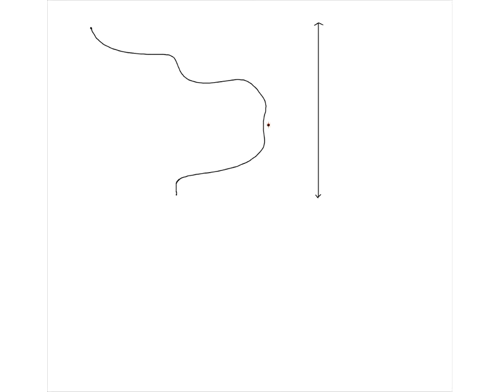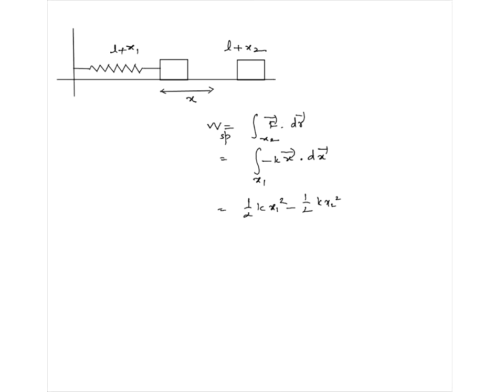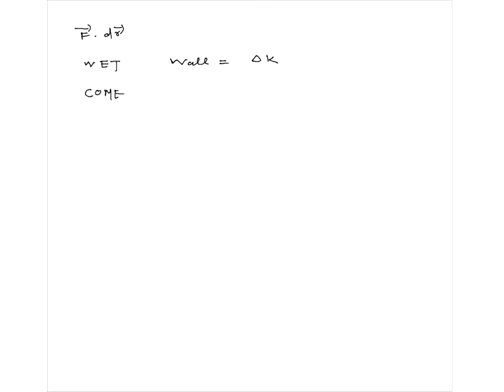So as you will see later, for conservative force we define something, and that something makes us use the third thing that I was talking about. But when you have non-conservative forces, go for this, WET.